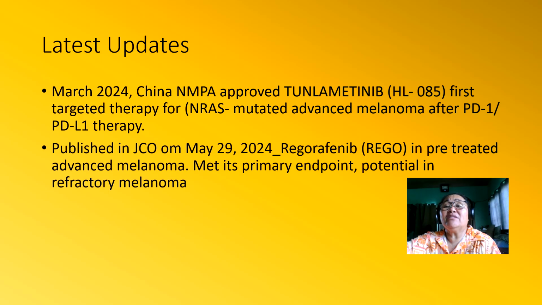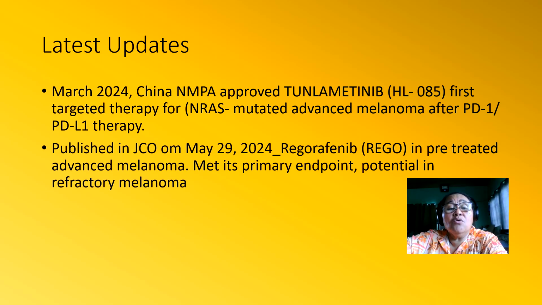In March 2024, China's National Medical Products Administration approved tunlametinib as the first targeted therapy for NRAS mutated advanced melanoma after failure of PD-1 and PD-L1 therapy or immunotherapy.